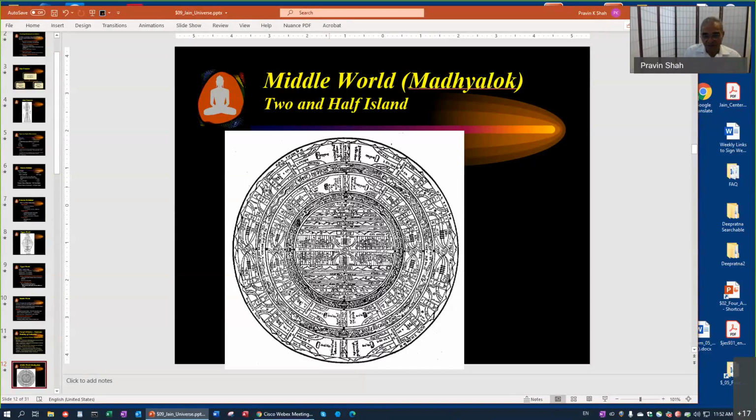In all, there are a total of 15 regions. There are 5 Bharat Kshetra: Jambu Dweep has 1, Kalodadi Ghatki Khand has 2, and Pushkar Dweep has 2.